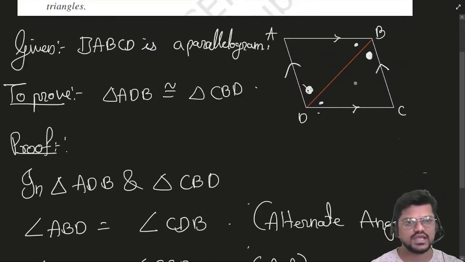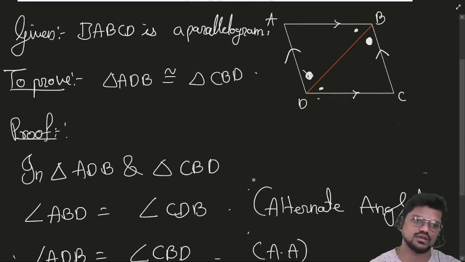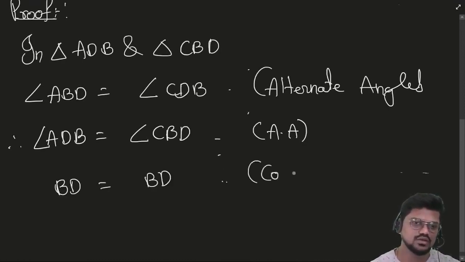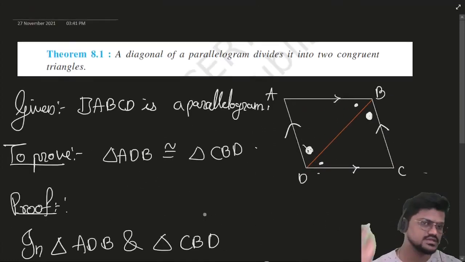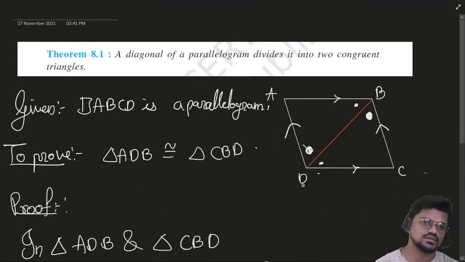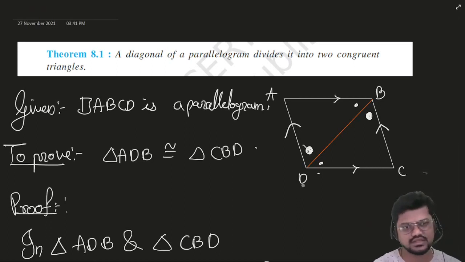Also, in both triangles, BD is equal to BD because it is common in both the triangles. So these two angles are the same and the side is the same, the side which is in between the two angles. So the two triangles are congruent by the ASA test.